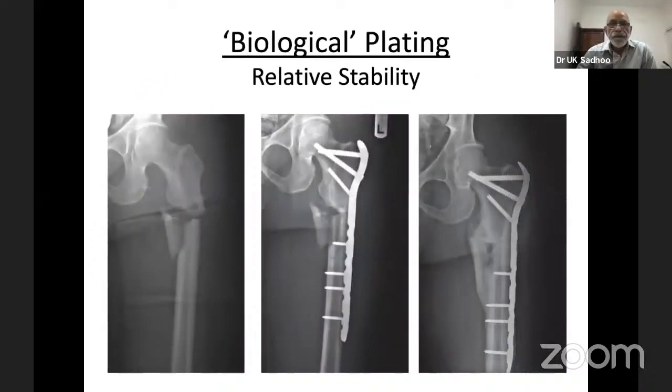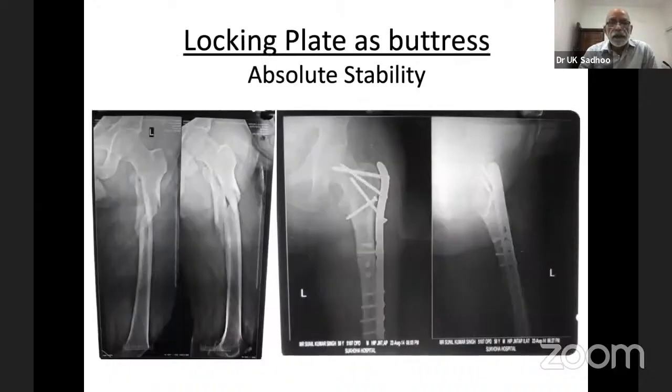Now, here is an example of so-called biological plating causing relative stability, and you have this reduction, again emphasizing not in varus. This fragment was not touched and it has joined as a live graft. This is an example of a long spiral oblique with a large, maybe possibly a butterfly fragment, in which I chose to take the option of absolute stability.